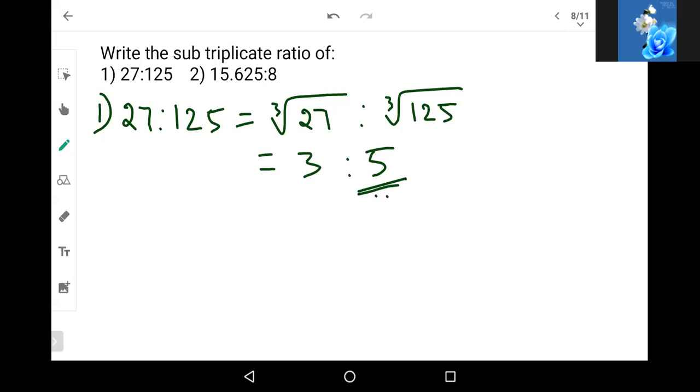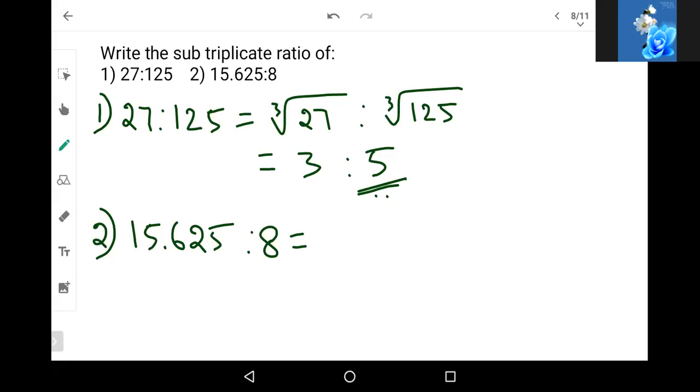So 3:5 is the subtriplicate ratio. And for the second one, 15.625 is to 8. Now such problems are a little complicated. You just have to try and multiply the numbers 3 times and find out. Okay. So they will not ask you such complicated numbers. Don't worry about that.